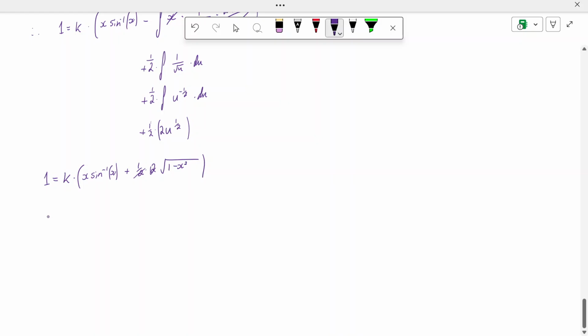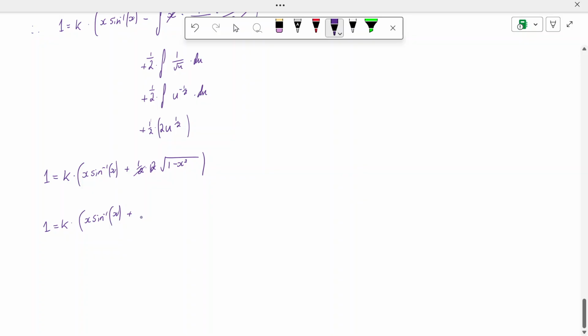These two cancel. Okay, so I'm going to keep it like this: 1 equals k times x arcsine x plus the square root of 1 take x squared.